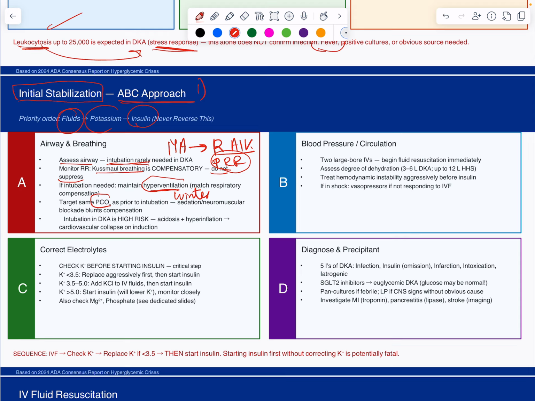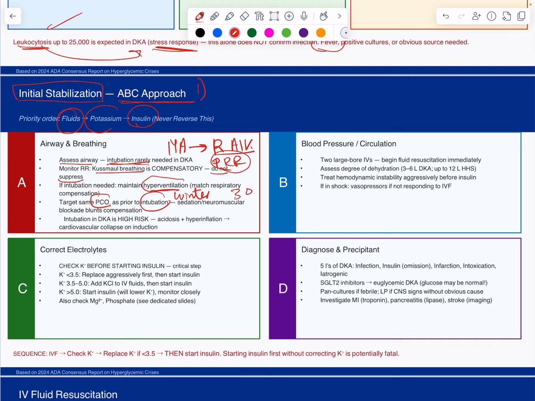So Winter's formula can calculate the compensatory PCO2. Let's say according to Winter's formula, the CO2 should be 30. So when you intubate these patients, you should keep in mind to target that lower PCO2, with a higher respiratory rate to compensate for the metabolic acidosis.